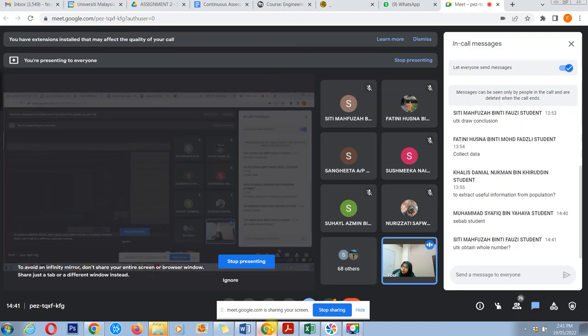To obtain the whole number. Why is the whole number important? Why round up? This means round up: it adds the next integer. Why round up? Use your logic.